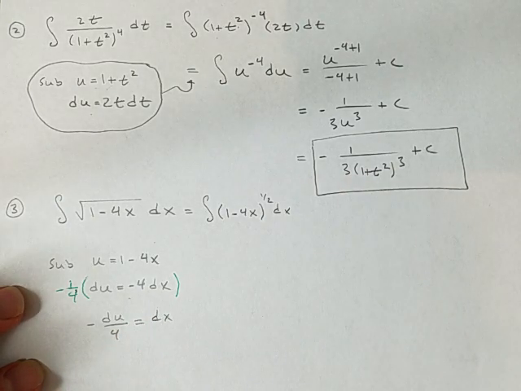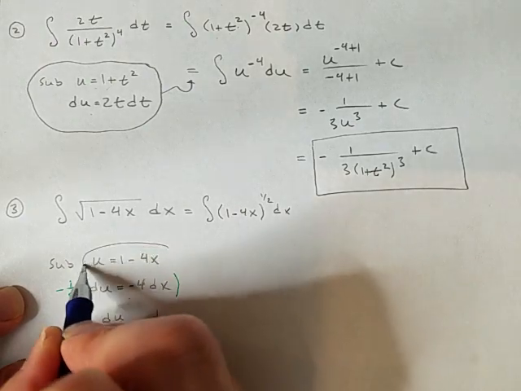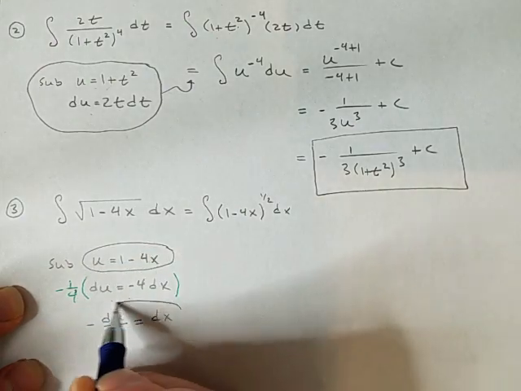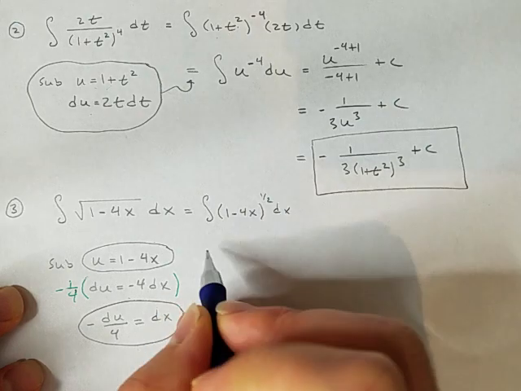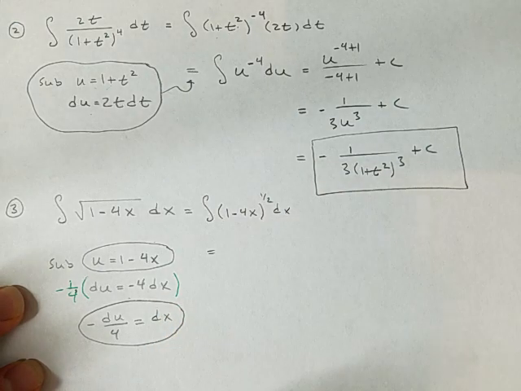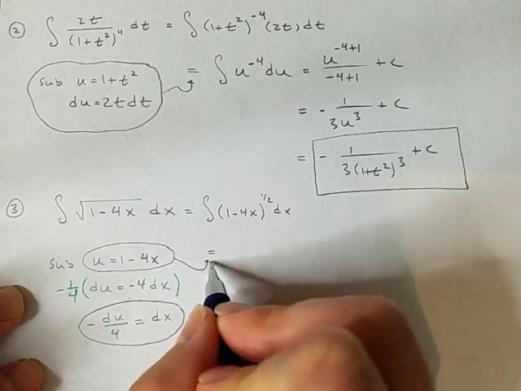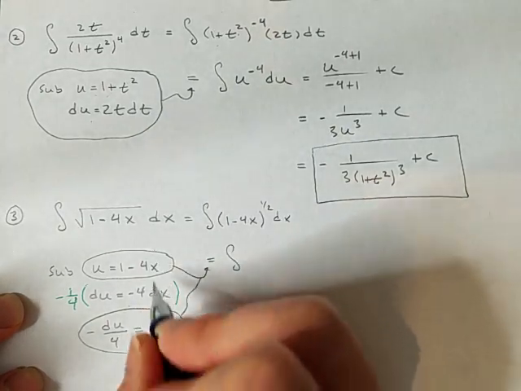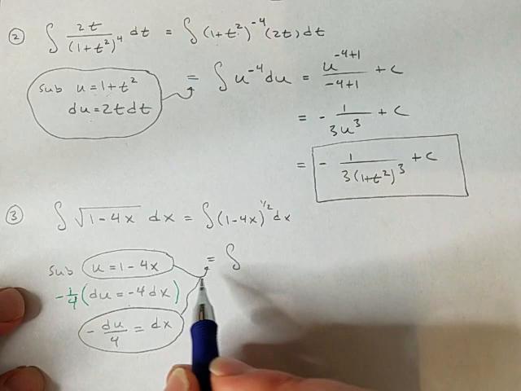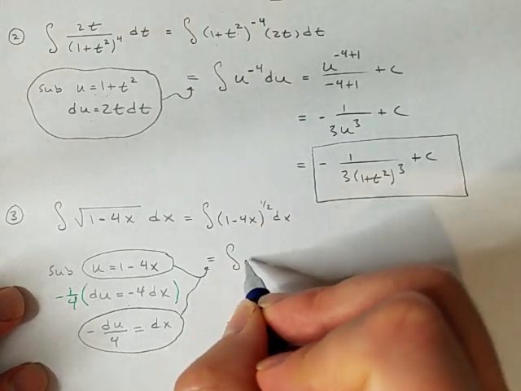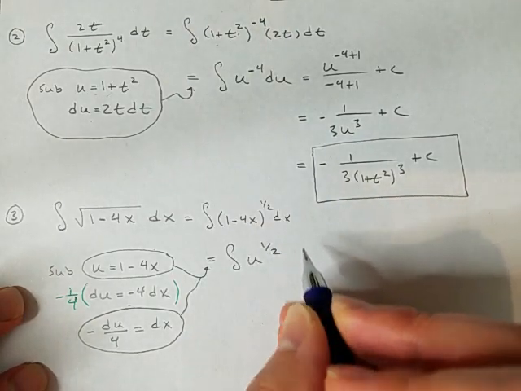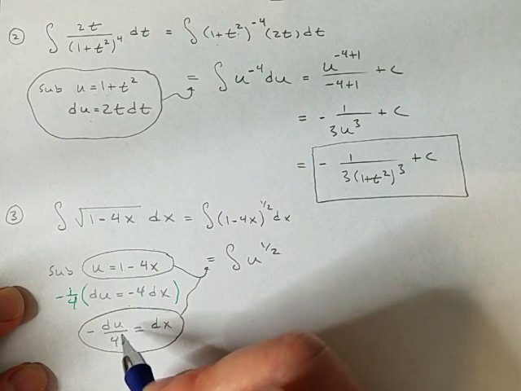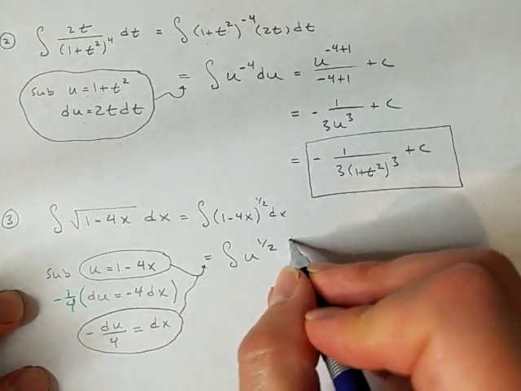Okay? Now, this and this have a place up there. And that's the goal. All right? Okay, so right there, if the substitutions here that I've circled are made, I will get u to the 1/2 power dx. Okay, so that's going to be negative du over 4.